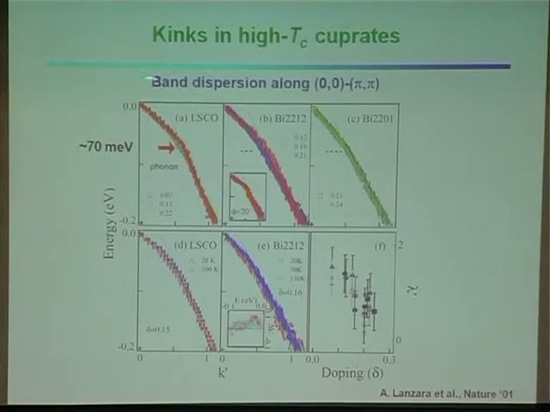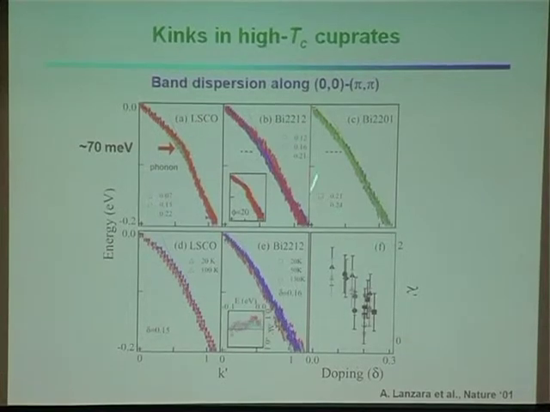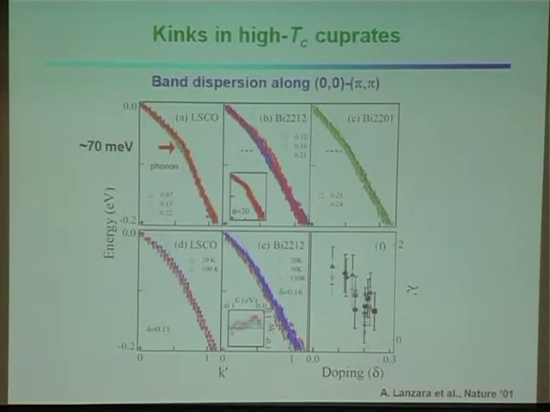First, the real part is reflected by not only band narrowing, but also fine structures called kink in the band dispersion, which was first discovered for high Tc cuprates already 10 years ago. There has been a lot of discussion whether this is due to magnetic excitations or electron-phonon coupling, but this kink is very ubiquitous.